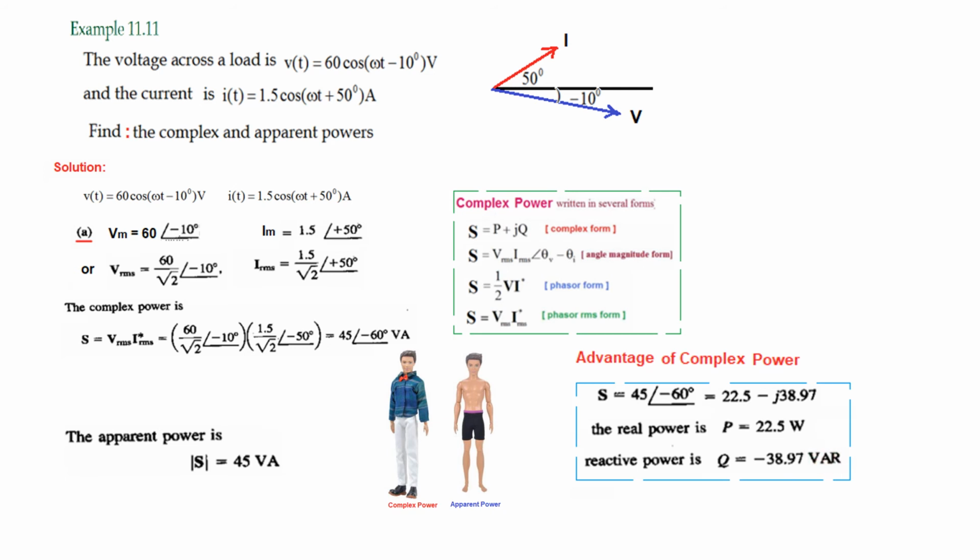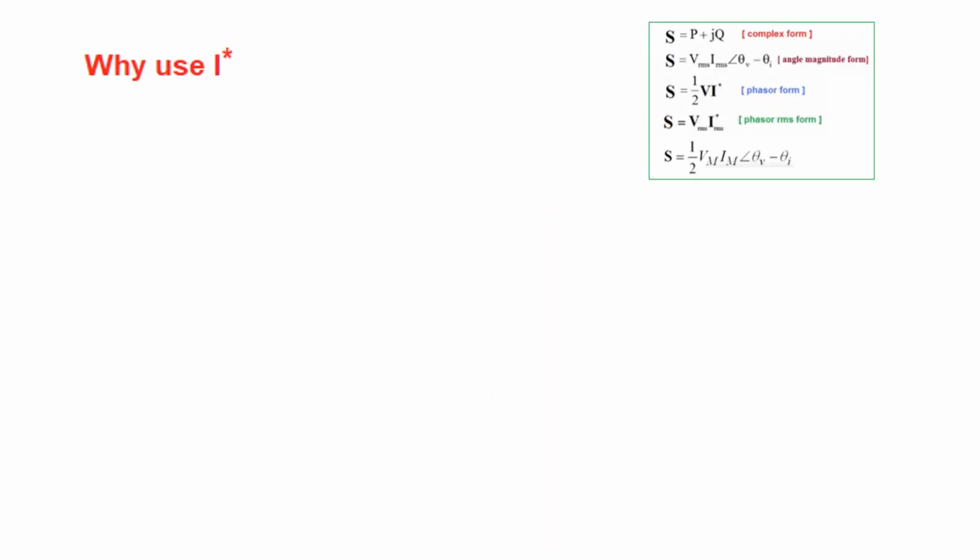So instead of calculating the real power, then calculating the reactive power, and then adding the two to get the complex power, if you go the other way around, it becomes so easy. First calculate the complex power, use your calculator, and you directly get the real power and reactive power.